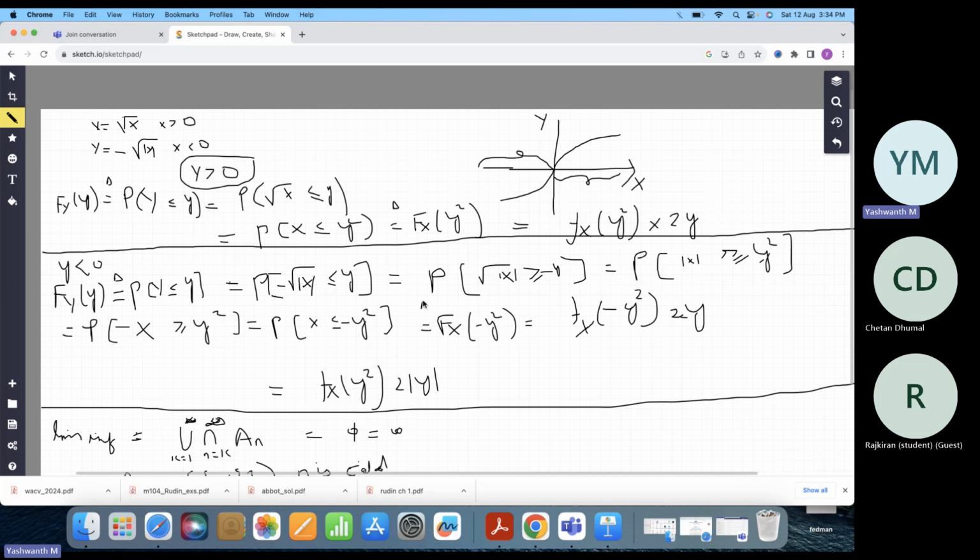You differentiate it and get 2 times minus y times Fx of minus y square. Here remember y is negative, that's why the overall thing is positive. Because it is standard normal, it is symmetric, so Fx of minus y square is the same as Fx of y square. That's why the overall density is Fx of y square times 2 times modulus of y. Got it?